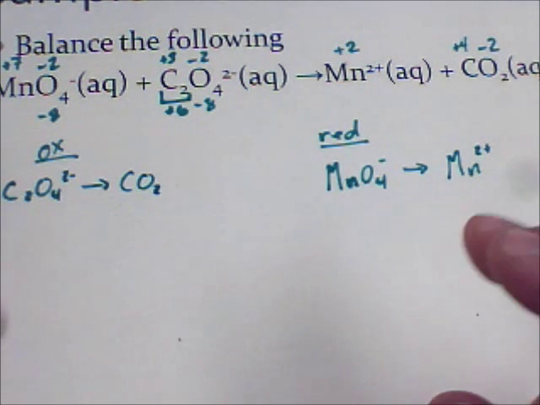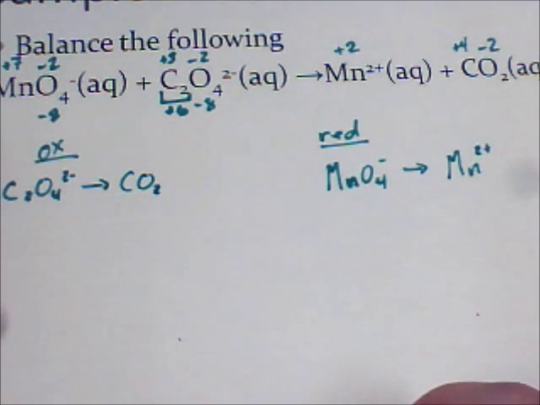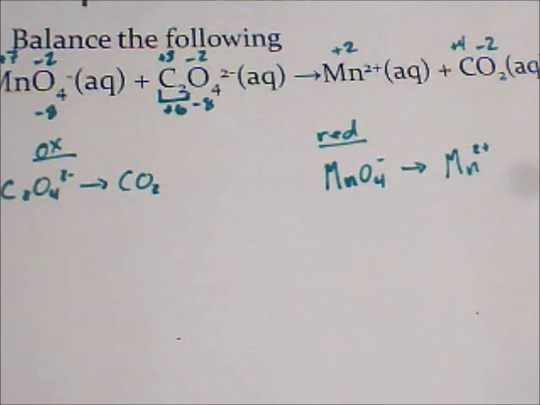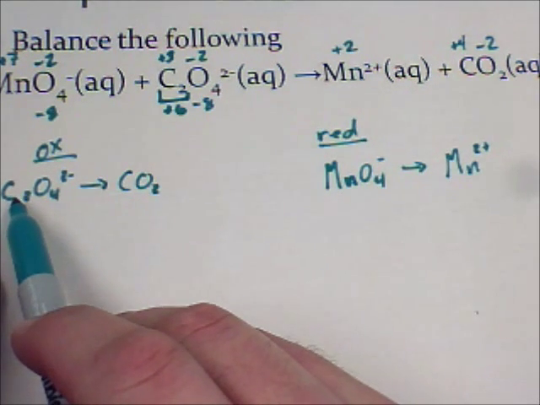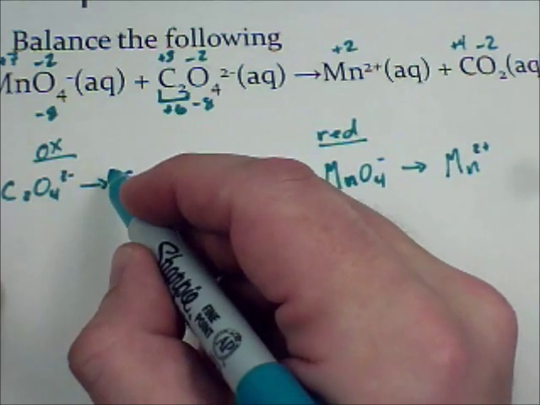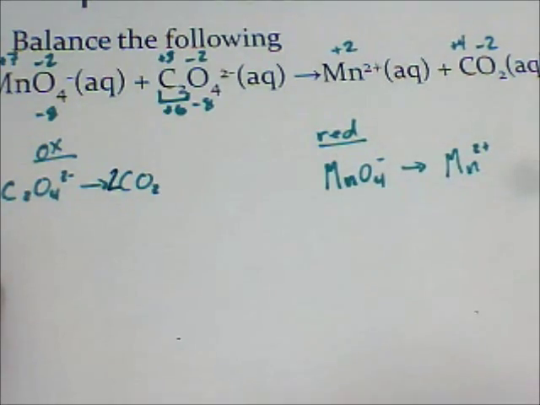Now the next step is to start adding things and balancing things out. Our next step then is to balance all the elements that aren't hydrogen or oxygen. So if I look at the oxidation, I've got 2 carbons on the left, I need 2 carbons on the right, so let's put a 2 there.